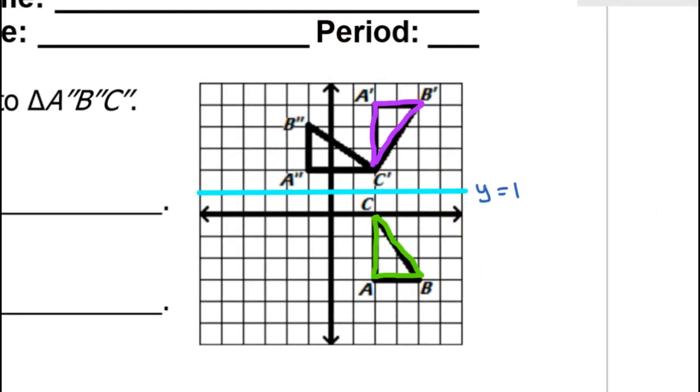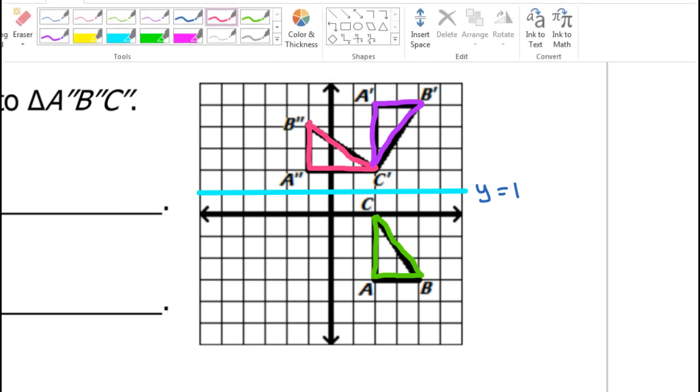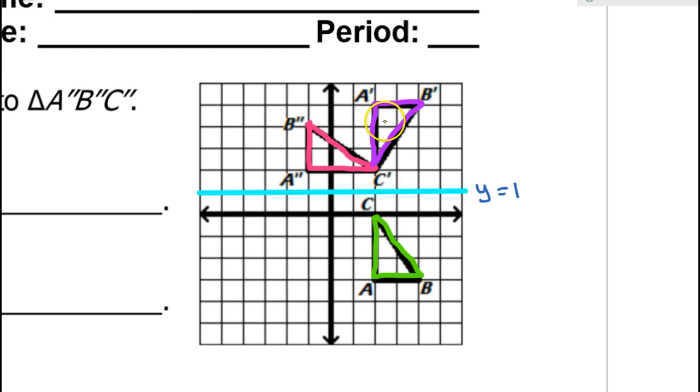Now compare how we might get from this purple triangle to this red triangle. Now this seems like a rotation to me. If we start from here and we rotate this way, see how they're both connected at point C prime?